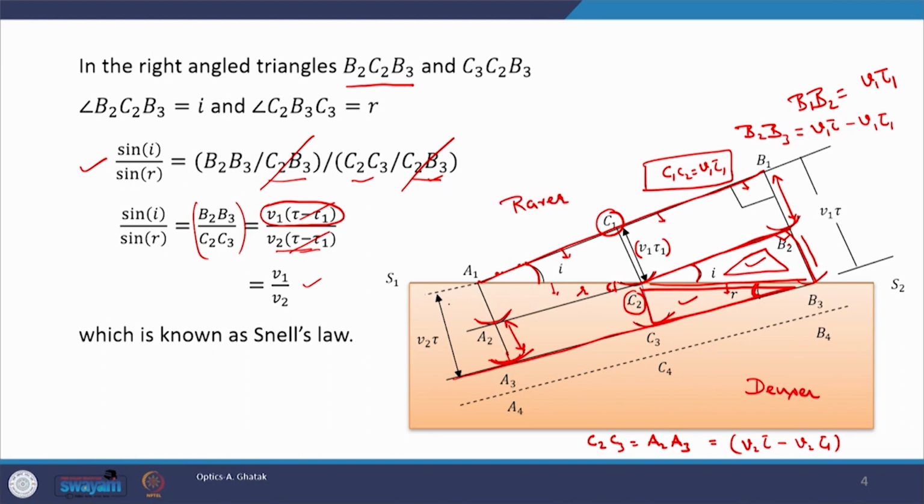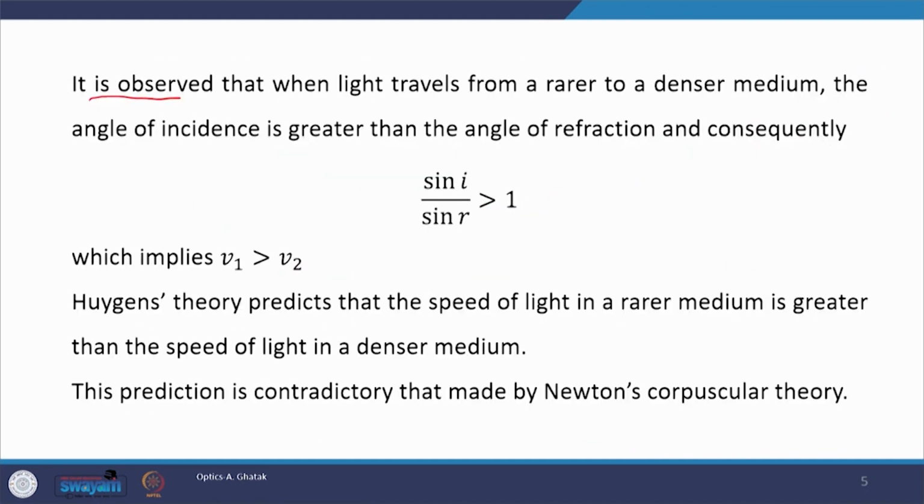This distance v2 tau would be smaller than this distance v1 tau, and therefore r would be smaller than i. The angle of incidence would be larger than the angle of refraction. This we can get just from the geometry.